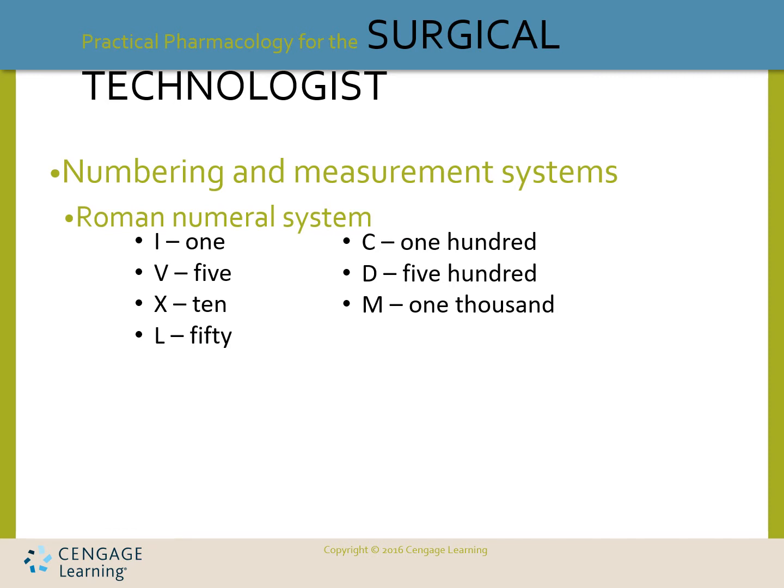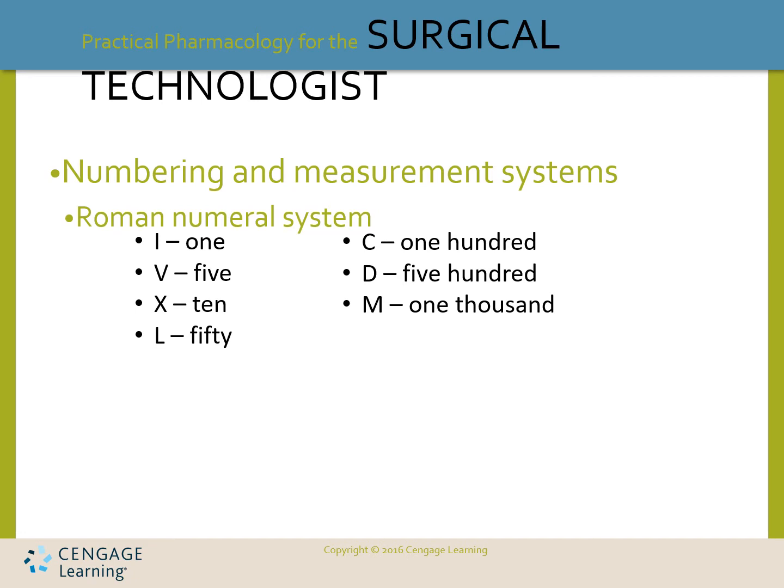Now, a lot of times we see Roman numerals being used for numbering, and so some of them are listed here. The I represents 1, V represents 5, X is 10, L is 50, and so forth. Roman numerals, remember, are read from left to right, and numerals placed to the right of a larger number add value.